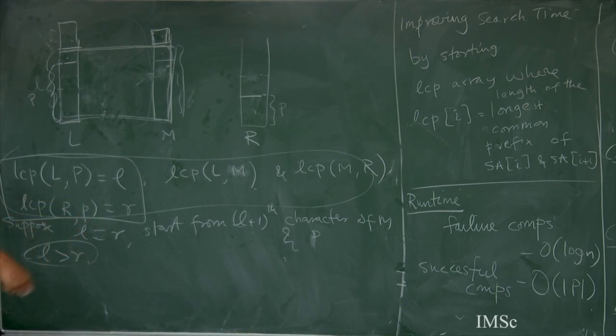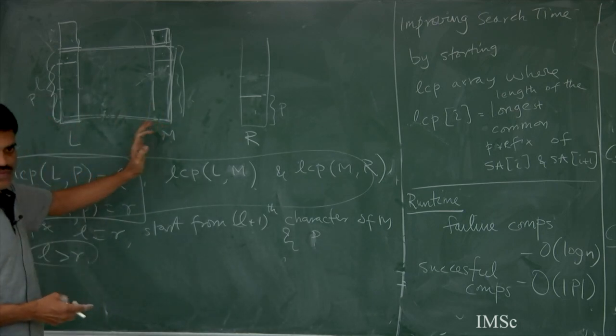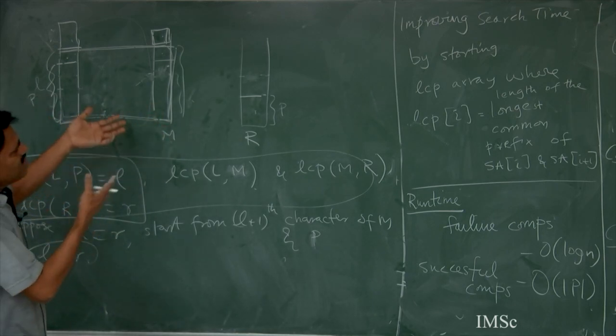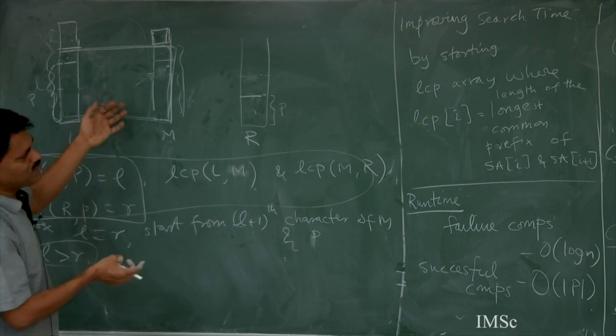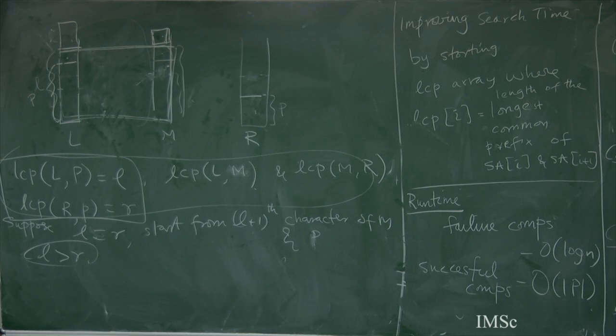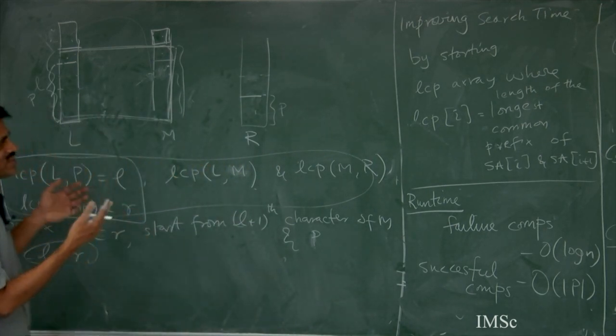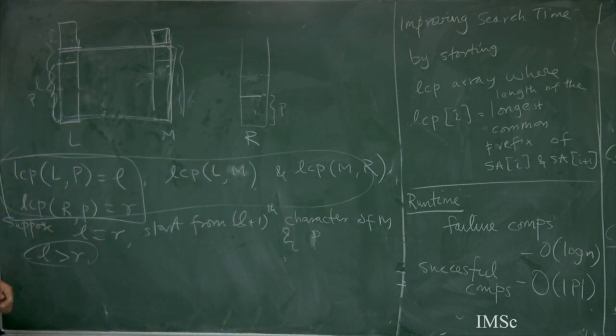I will take my pattern and do my comparison in order pattern length time to find this L and R initially. As I move on, my L changes to this or R changes to this, and the other one remains the same. In either case, I know how much I have matched, and that information is what I use to know how much to proceed in the next step.